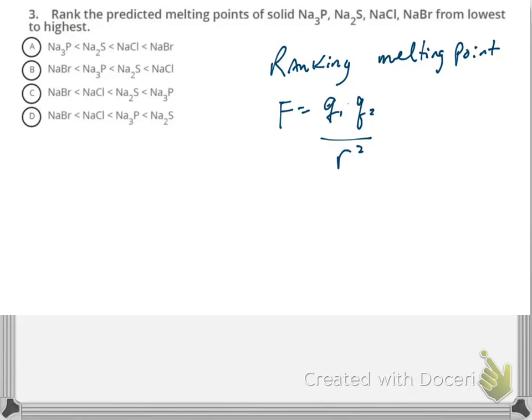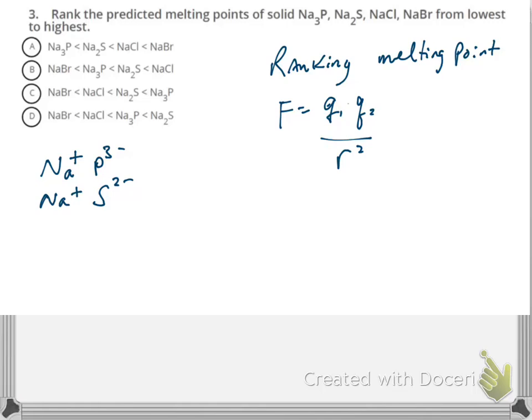Because the only substances that have the same charge are ions that are in the same column of the periodic table. So we have sodium phosphide, that's sodium plus and P3 minus. We know that because it takes 3 sodiums for every 1 phosphorus for it to be neutral, but also where they're at in the periodic table. Phosphorus acquires 3 electrons to obtain the full octet, and sodium loses 1.